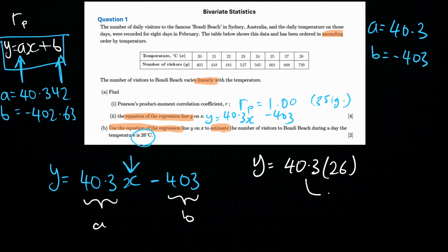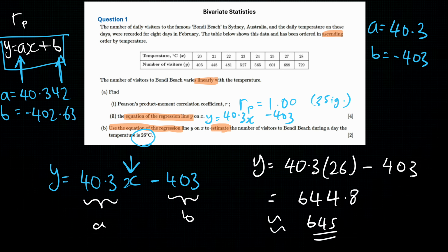Remember, this means we're multiplying 40.3 by 26 minus the b value, which is 403. And at this point, it's just simple maths, which gives us an answer of 644.8, and to 3 significant figures, that's 645 people. So the estimate of the number of visitors is 645 visitors.